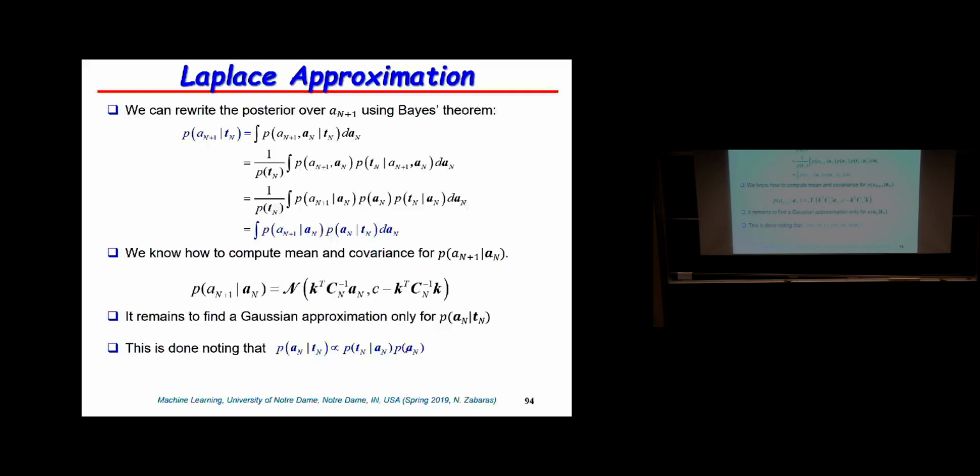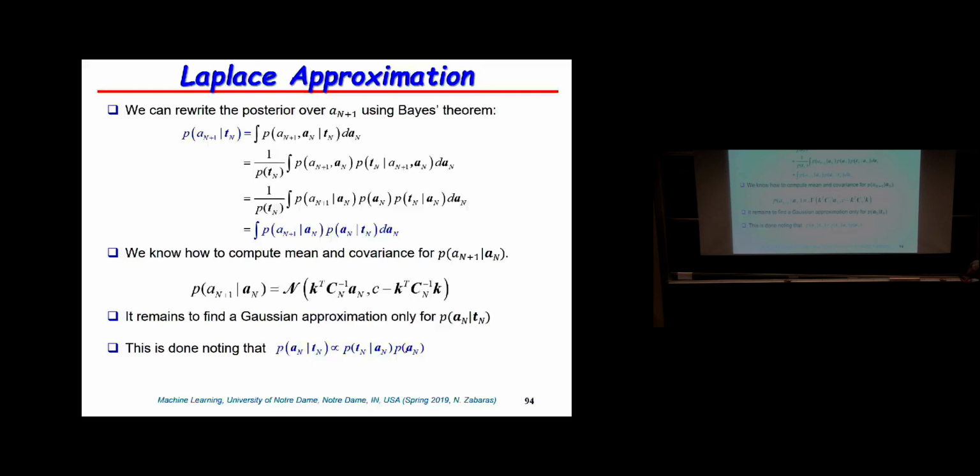Remember, what is A? A is a Gaussian process, right? So this is the posterior of the Gaussian process. Given an, the distribution of an plus 1 is a Gaussian. Here's the answer. We had it before. So that's a Gaussian.